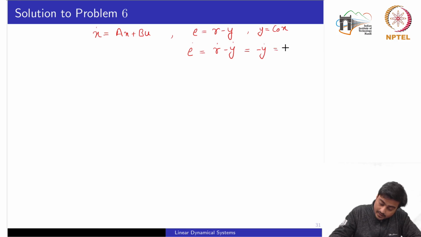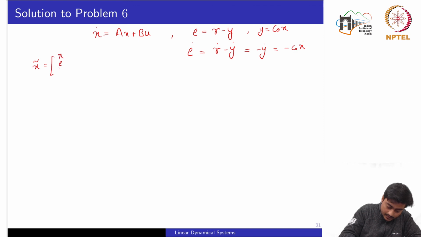So I can write minus c naught x dot. So e dot is equal to minus c naught x dot.